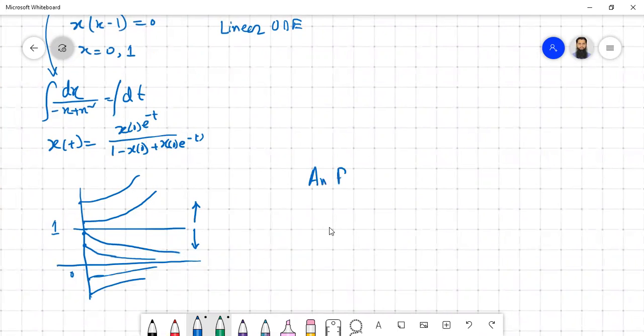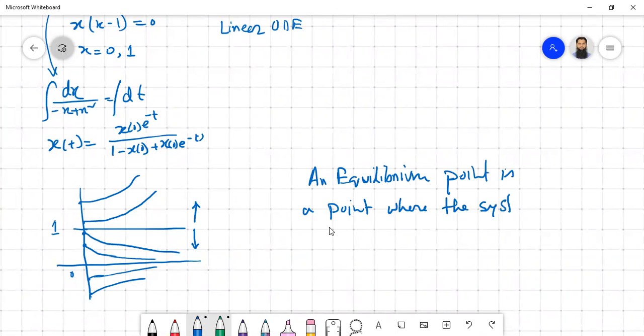Equilibrium point is a point where the system can stay forever.